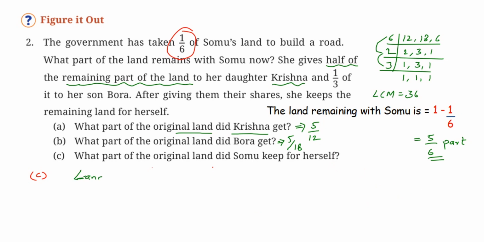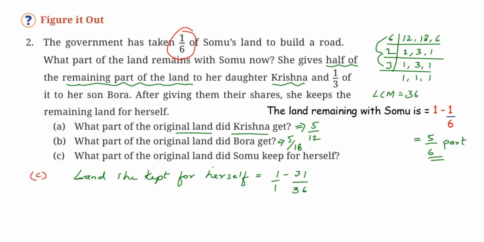So the land left, or the land she kept for herself, will be equal to 1 minus 31 by 36. You can also write the answer directly, like you understood that out of 36 parts she gave away 31, 5 parts are left, so the answer will be 5 by 36.